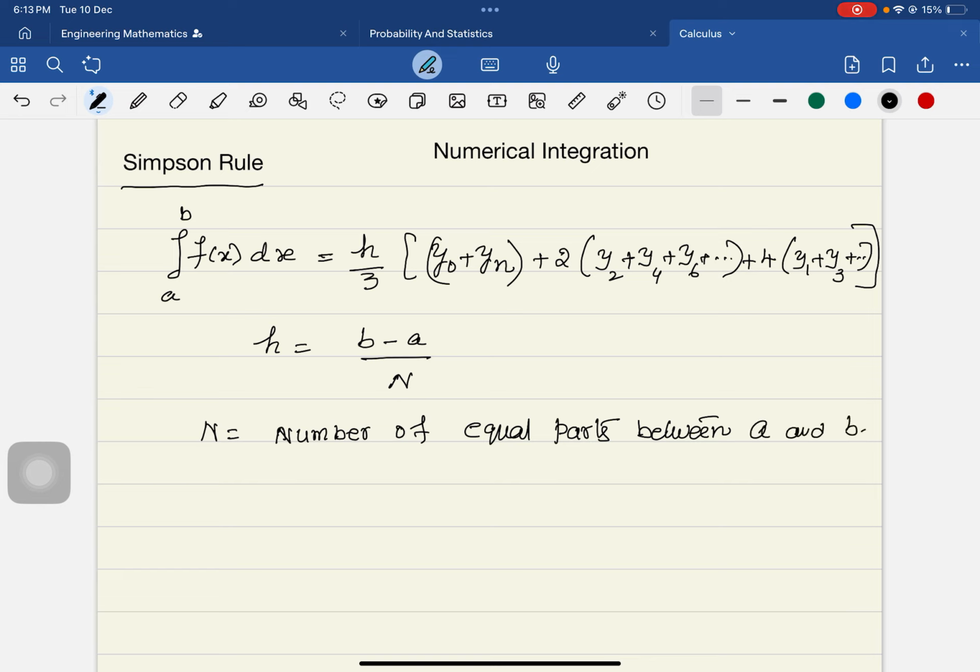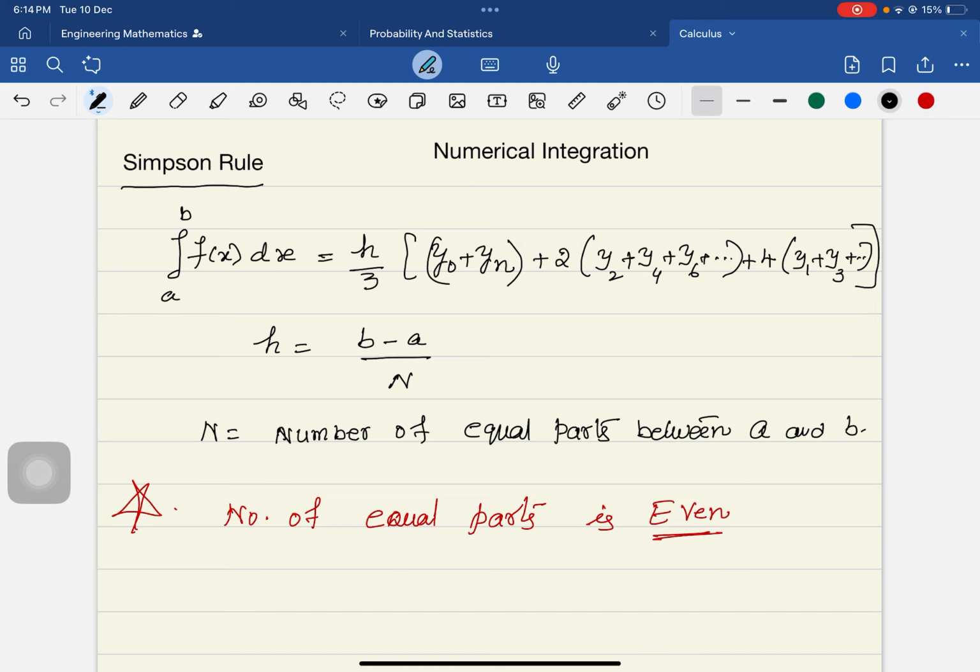A very important thing to note in Simpson's rule is that the number of equal parts should always be even. This is the important thing in Simpson's rule.